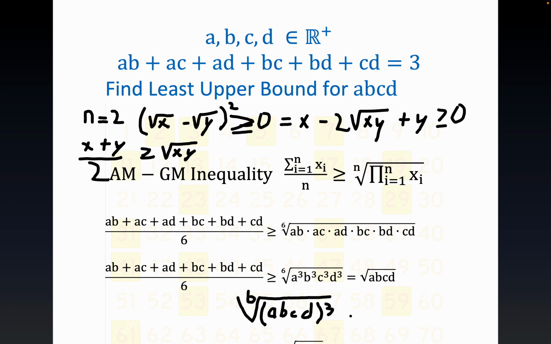But if we write this in the more familiar rational exponent notation, 3 over 6 is 1/2, right? So we can write this as ABCD raised to the 1/2 power.